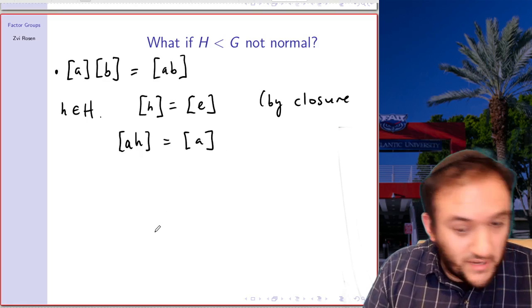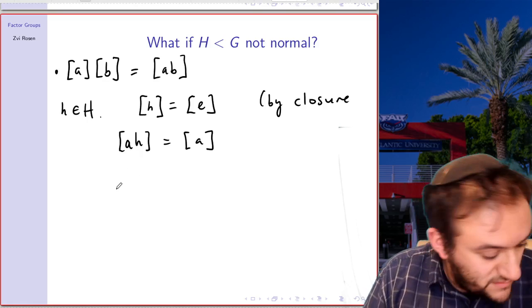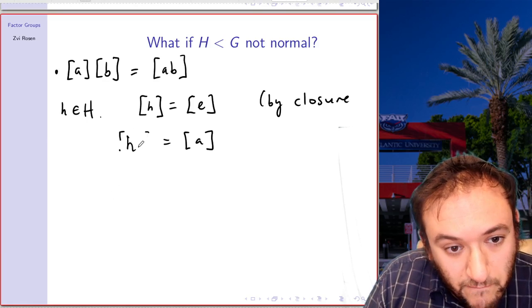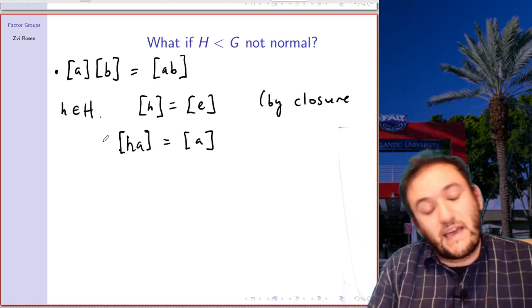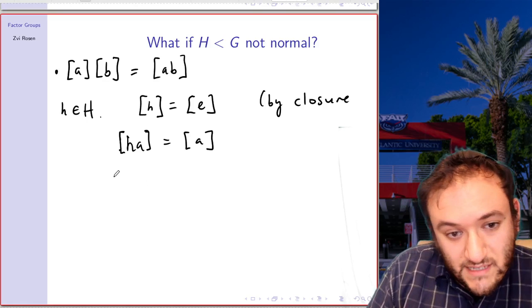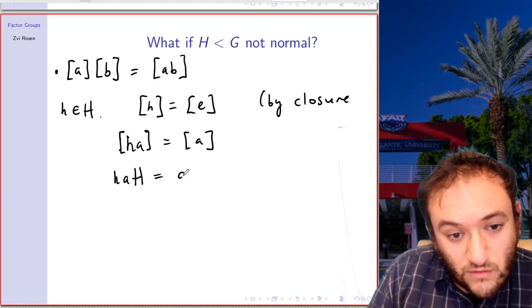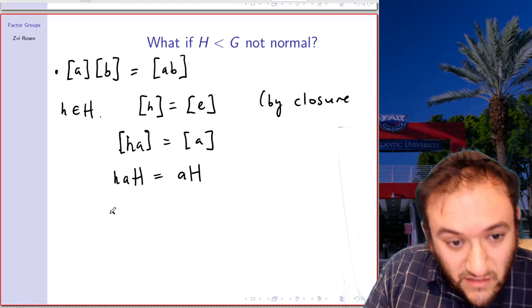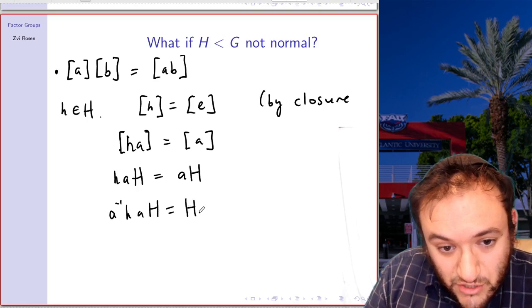Okay, but sorry, let's actually do this on the right. Ha equals a. So what this tells us is that haH will be equal to aH, and in particular that a inverse haH equals H.